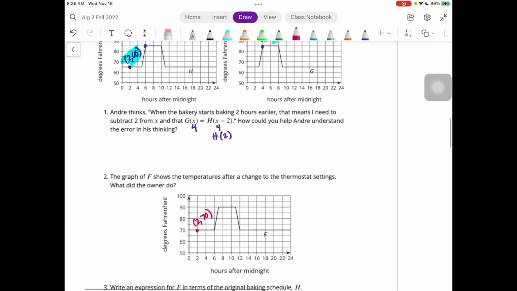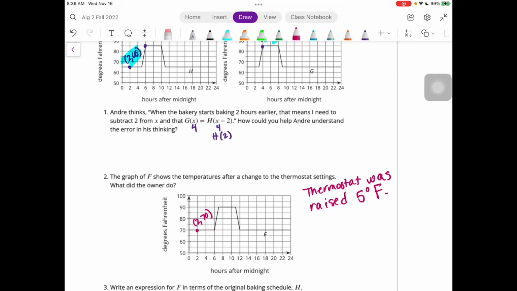So the thermostat was raised 5 degrees. Right, so that way it didn't go down below 65 degrees. It was set at 70 at midnight, and so it raises from there. But then what else do you notice?